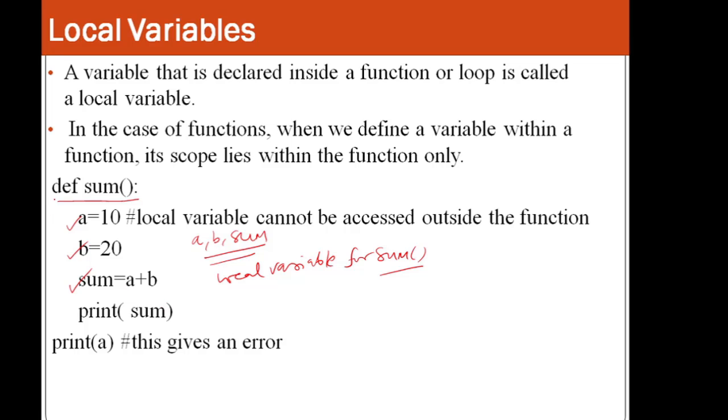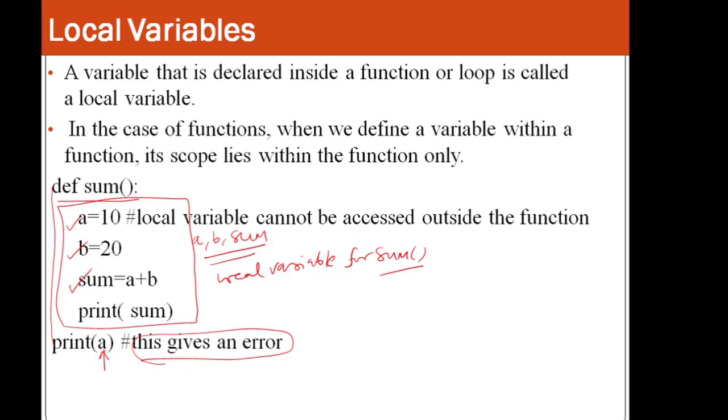So they cannot be accessed outside. Here you can see def and print are at the same indentation level, right? You are trying to access this variable a over here, but the lifetime of this variable was only within this function. So this variable is not visible to the outside world of the function sum. So this will give you an error.